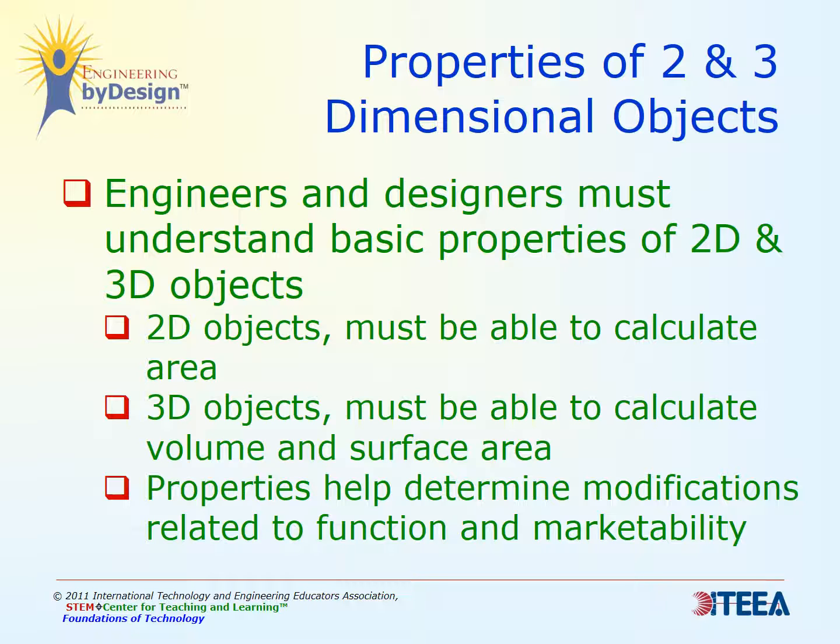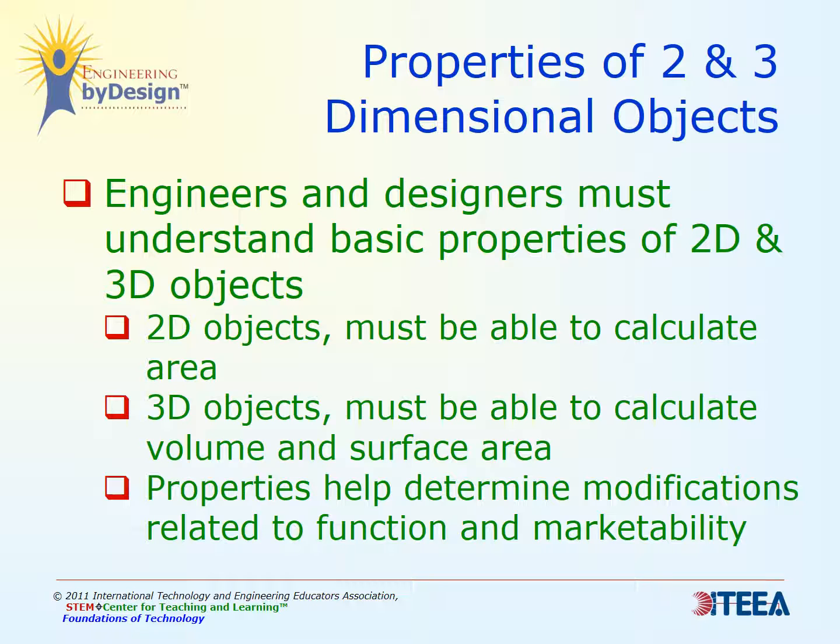For 2D objects, you must be able to calculate area. For 3D objects, you must be able to calculate the volume and the surface area. So for 2D objects, you're calculating the area, like the length times the width. For 3D objects, you're going to calculate volume and surface area.